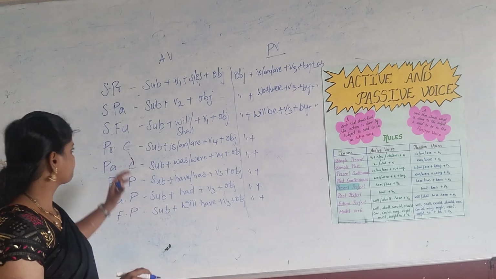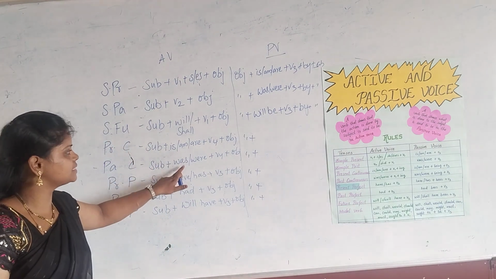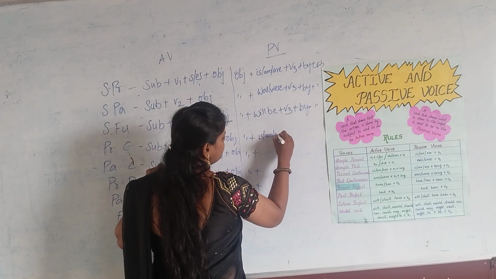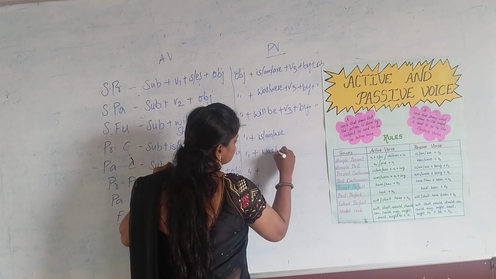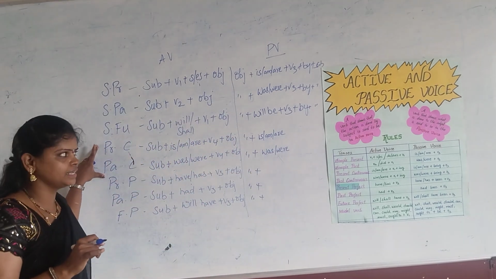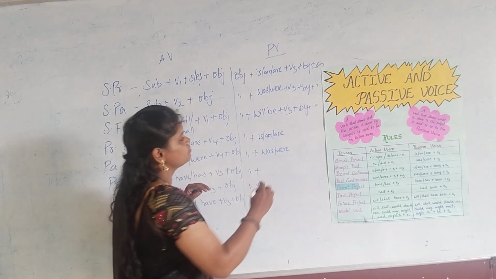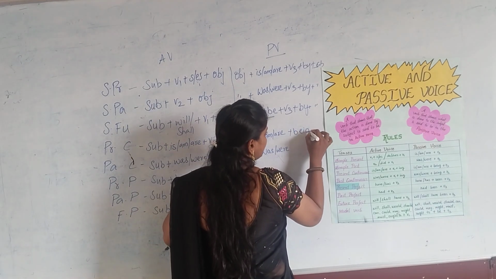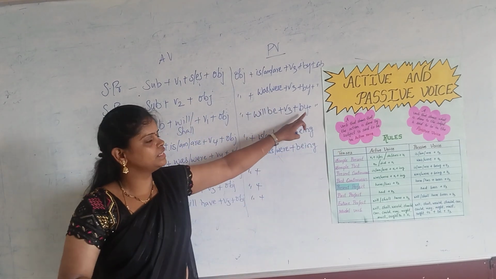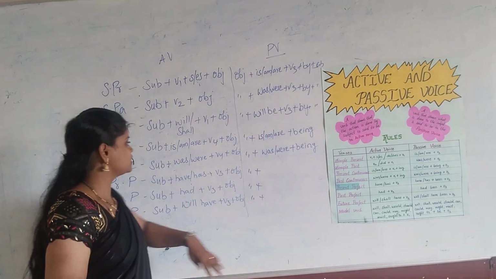In the same way, here also we should use the same helping verbs: is, am, are, was, were. And there is a little bit of difference for continuous tense. We should add being, B-E-I-N-G. Being. And the same, plus V3, plus by, plus subject.